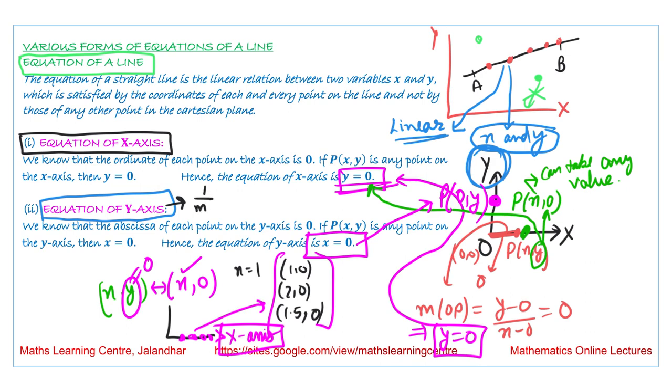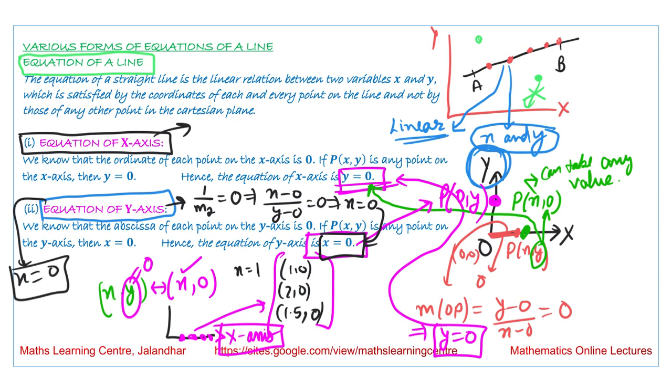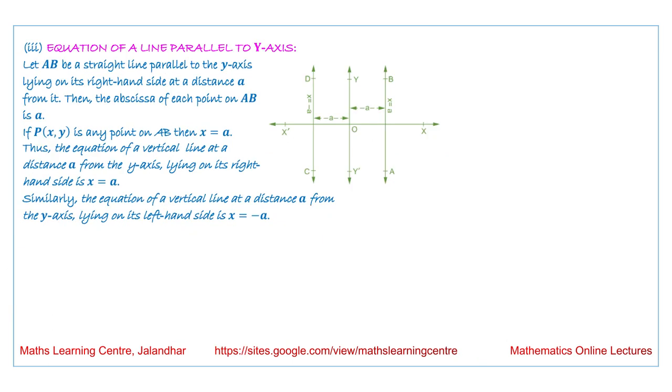Suppose we write 1 by m equal to 0. This implies (x minus 0) over (y minus 0) is equal to 0, and this implies x is equal to 0. So this is the equation of the y axis, x is equal to 0, and the equation of the x axis is y is equal to 0.